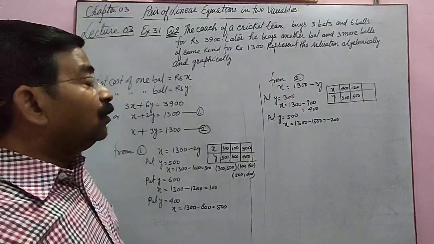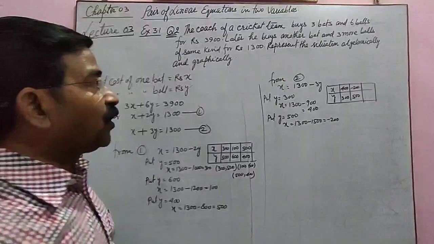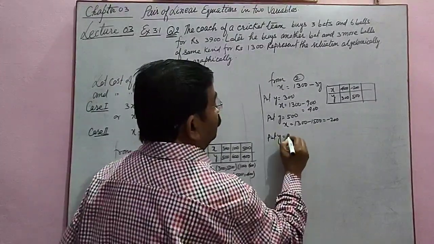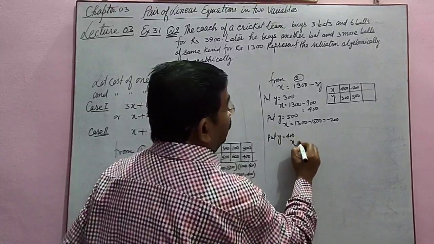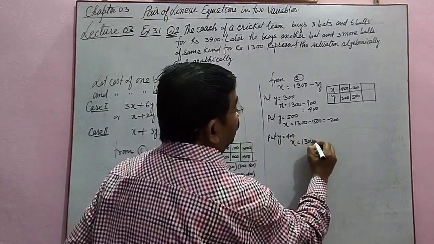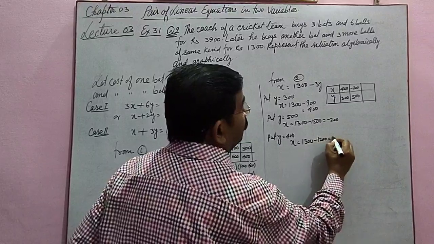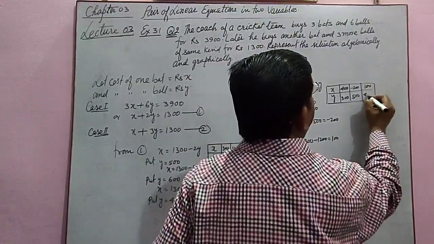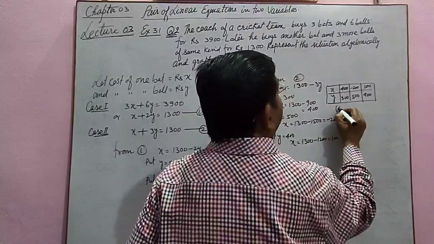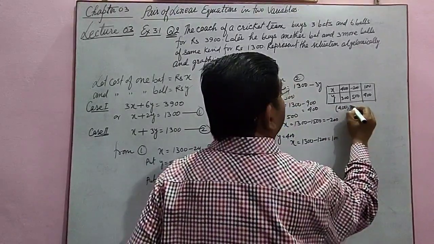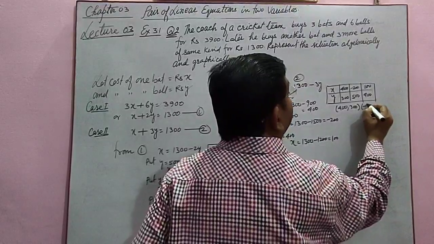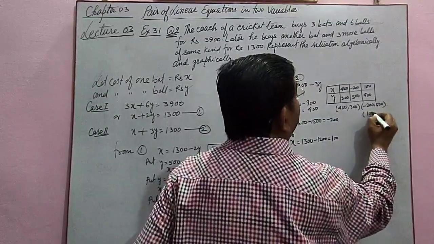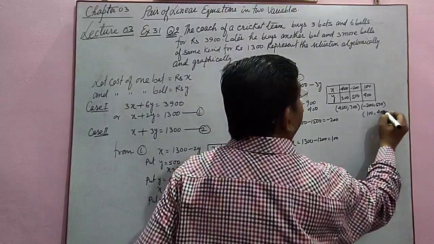Put y is equal to 400. Then x is equal to 1300 minus 1200, which is 100. So x is 100 and y is 400. Now your points are 400 comma 300, minus 200 comma 500, and 100 comma 400.